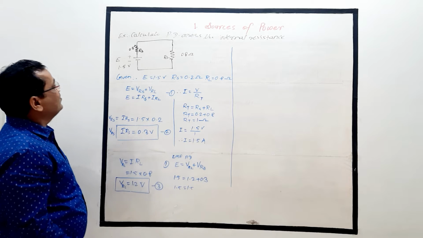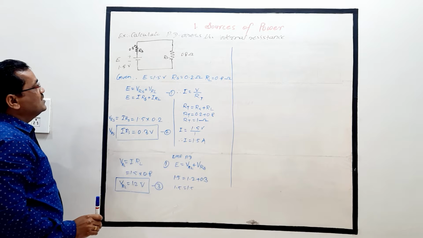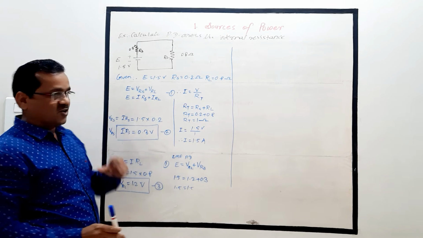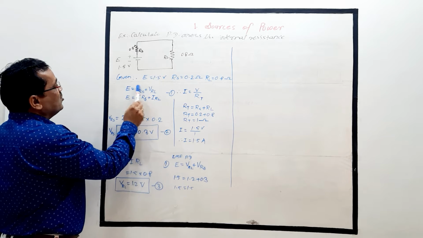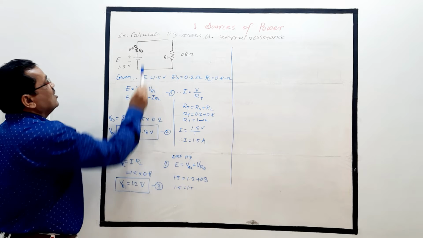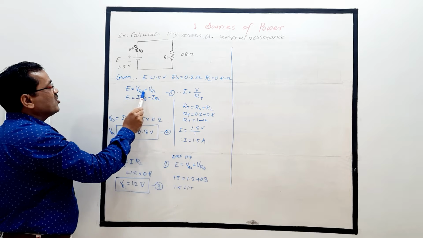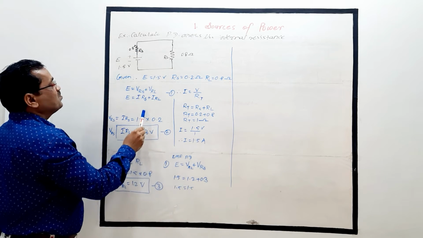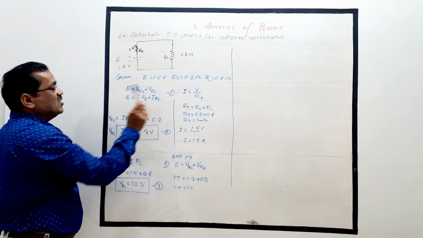We know that the EMF of the cell is divided into two potential drops. One potential drop is VRS, that is the potential drop across this internal resistance RS, plus the potential drop across this load resistance.